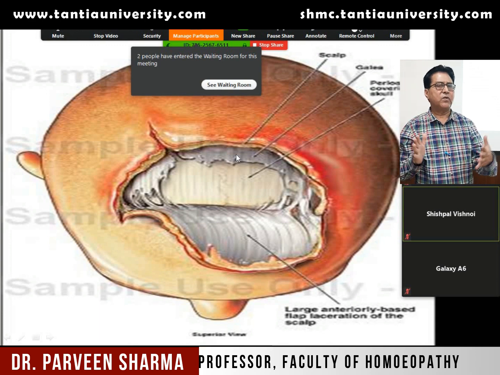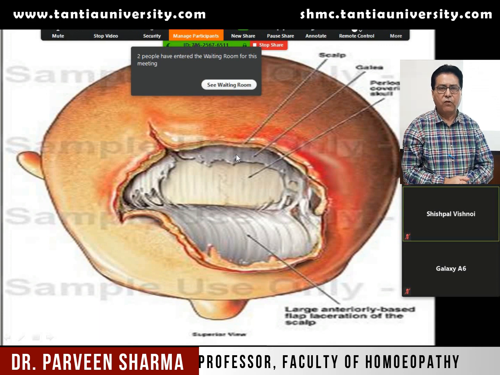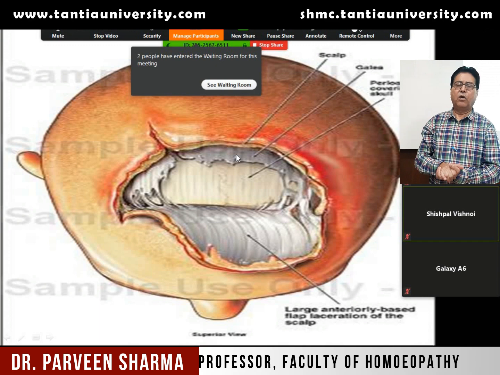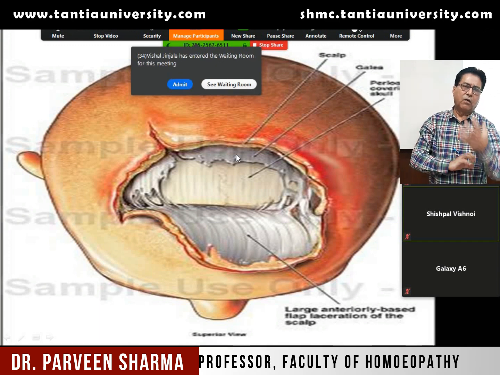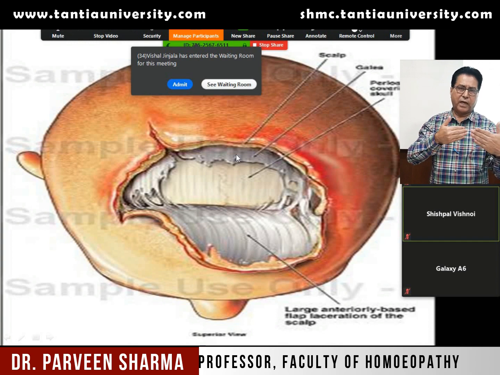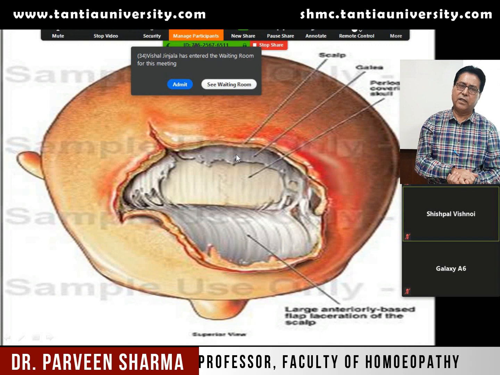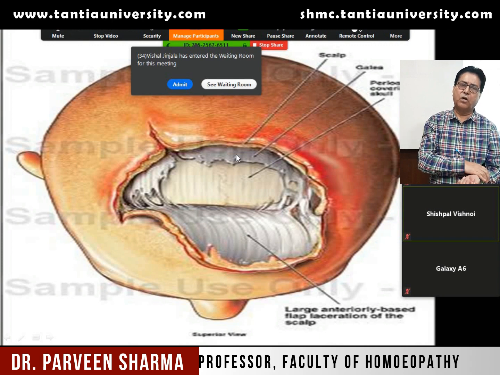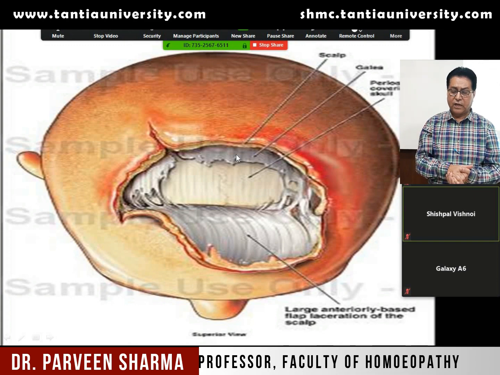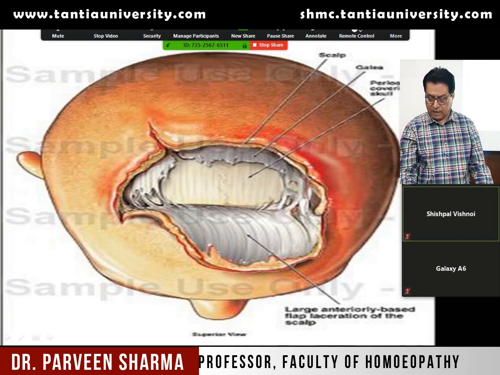When there is a transverse cut, only then will there be a gap of the wound. The reason being, only two muscles are there on the skull, frontalis and occipitalis. So due to contraction of the muscle, there will be a gap. But if the wound or injury is longitudinal or sagittal, other than transverse, then there won't be any gaping of the wound. That is also the applied anatomy.